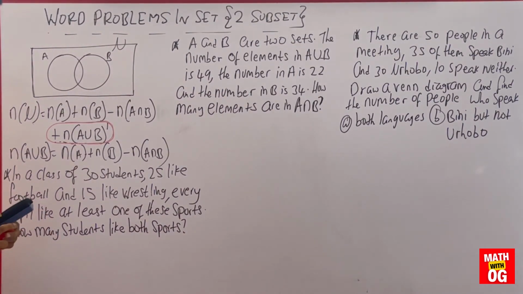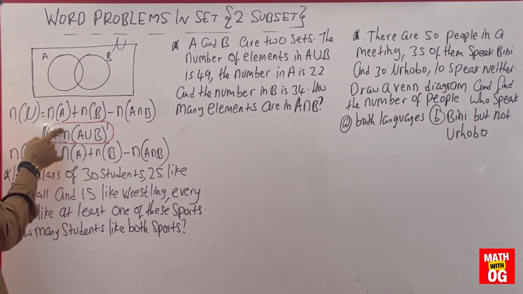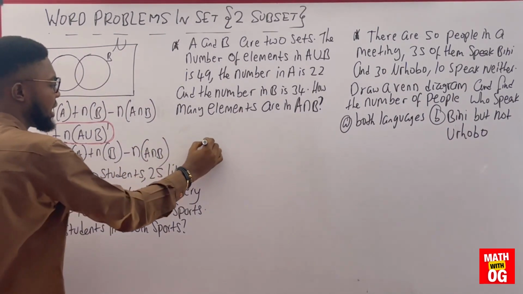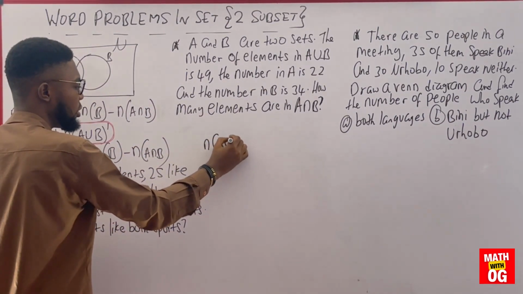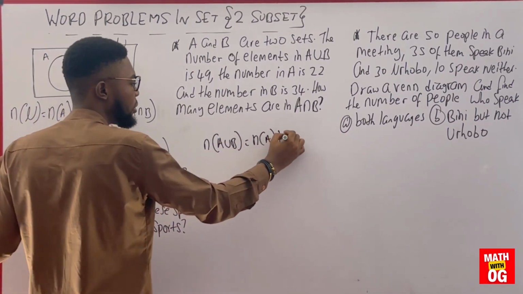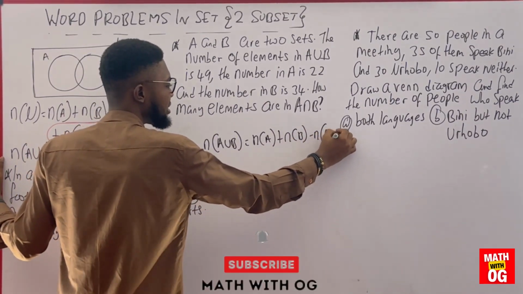Everybody likes at least one of the sports. So I can simply say A union B, or we can use the universal set without including this, or we can just work with A union B. So I can say n(A union B) is equal to n(A) plus n(B) minus n(A intersect B).